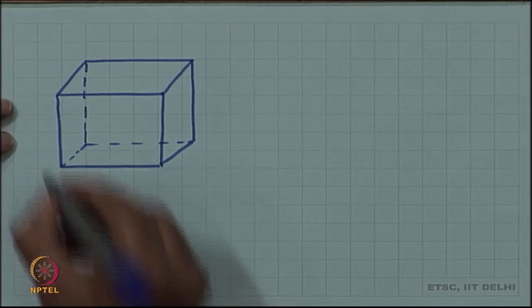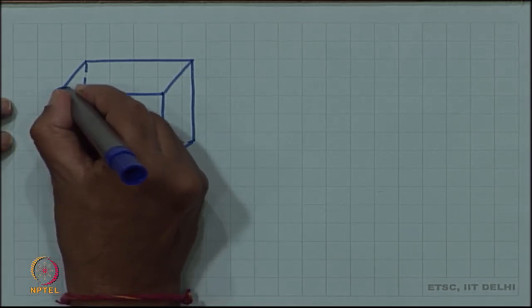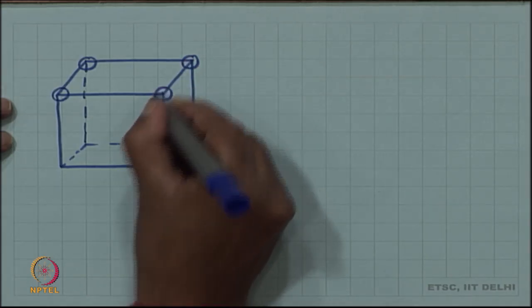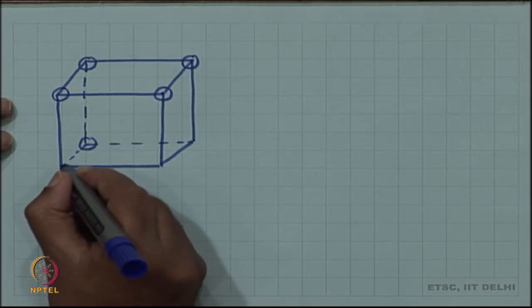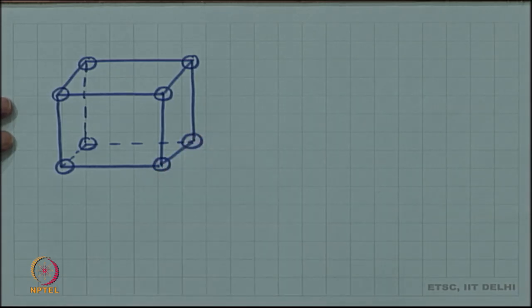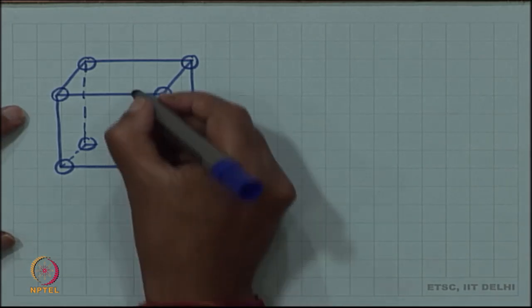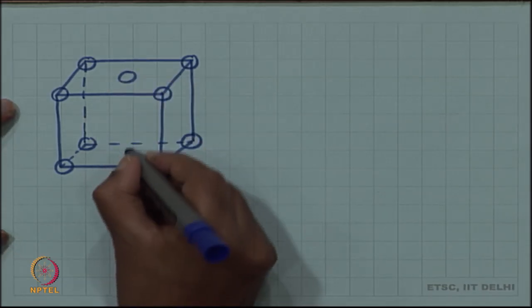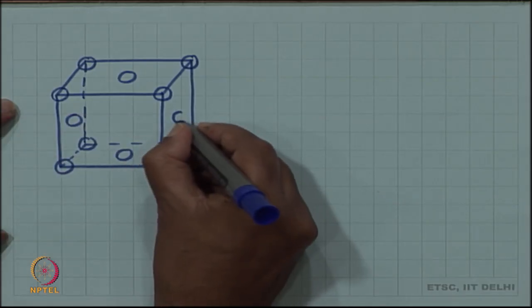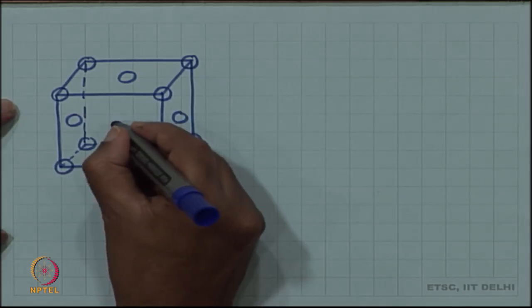And in the face centered cubic material, atoms are at the corners and all the face centers.